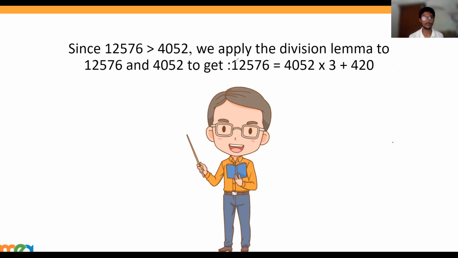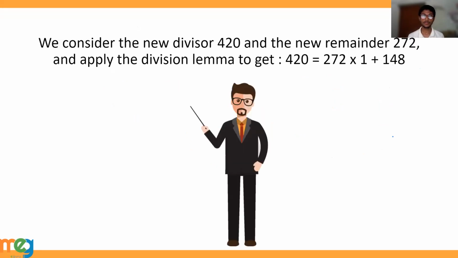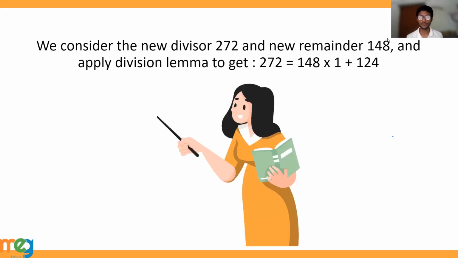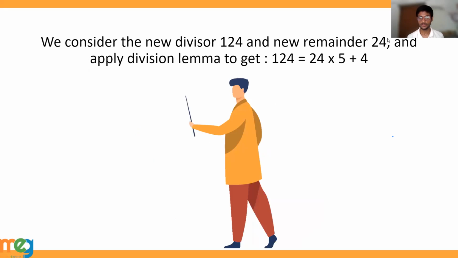Let's see. Here the remainder is 272. Again, not 0, so we'll proceed further. We consider the new divisor 420 and the new remainder 272. Apply the division lemma to get the remainder 148. Again, we proceed further with the new divisor and new remainder. Proceeding further, the remainder is 24.